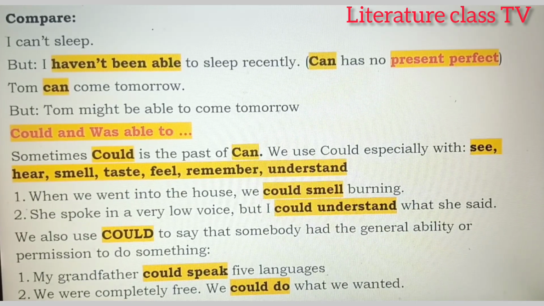Let's compare these examples. I can't sleep, but I haven't been able to sleep recently. Can has no present perfect.